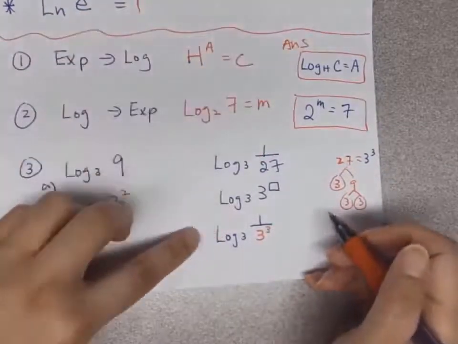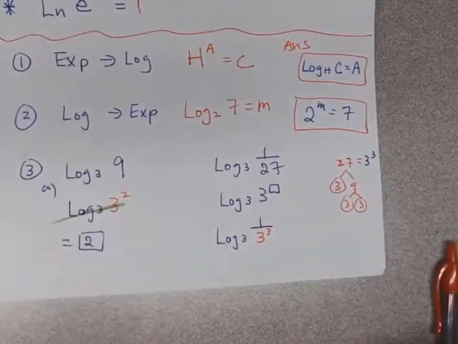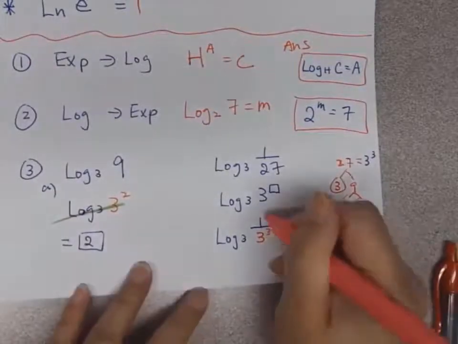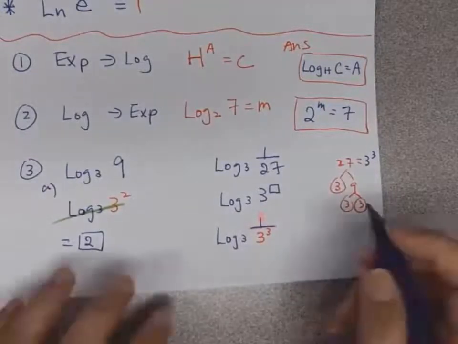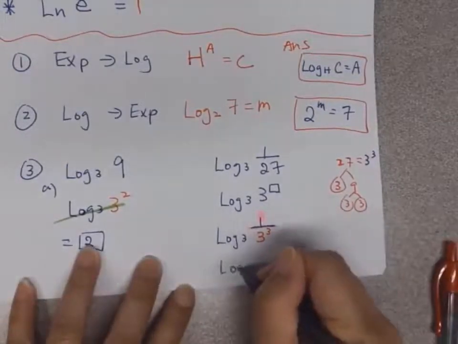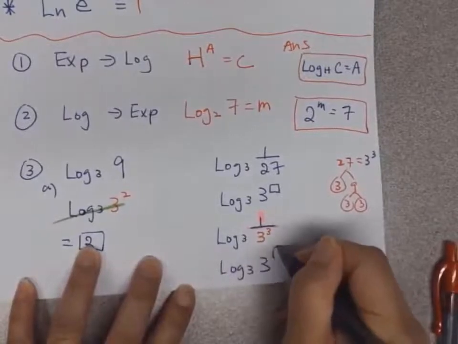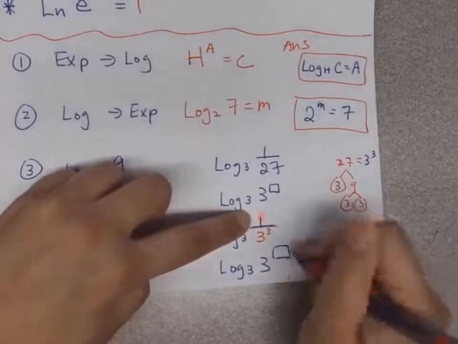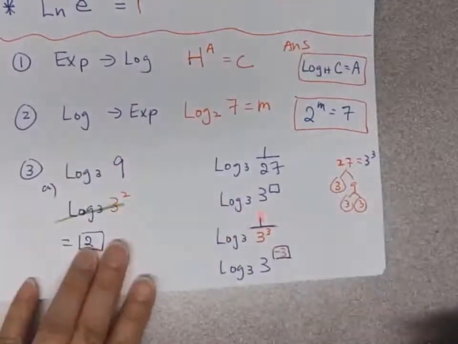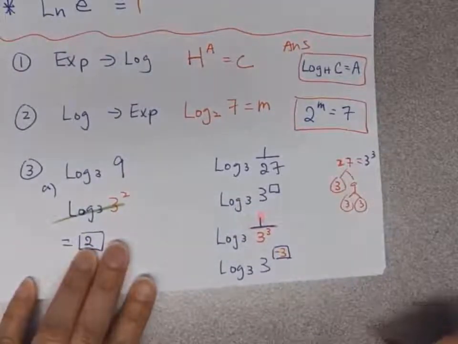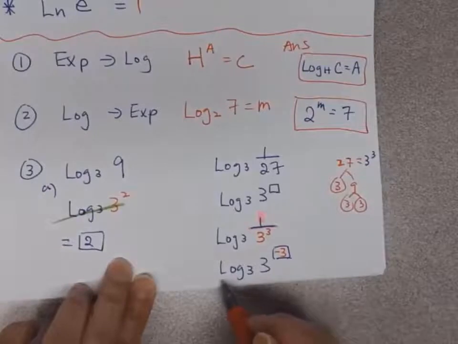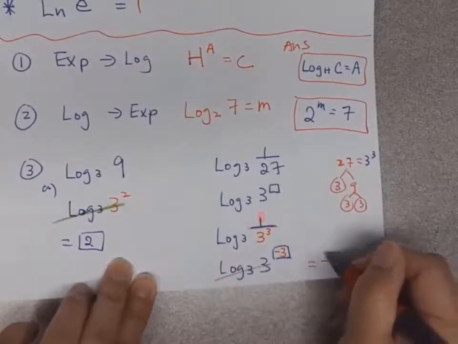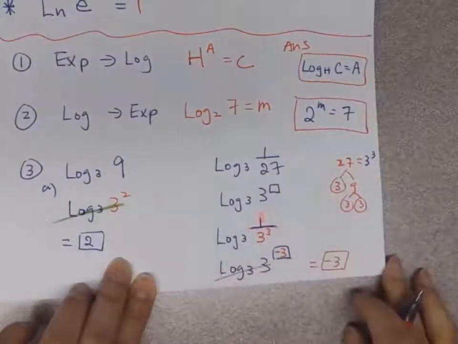But like you say, whenever we have 1 over, it represents what kind of exponent? Negative exponent. So this would be log base 3 of 3 raised to the negative 3 power. Can you see that? So once we have that, we can cancel, right? So the answer should be what? Just negative 3. Is that okay?